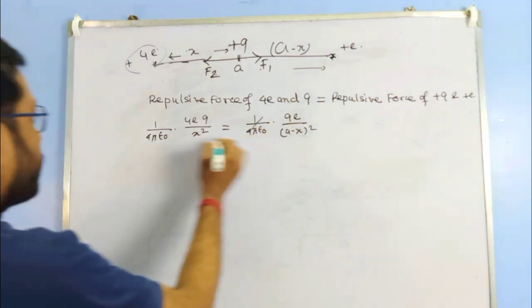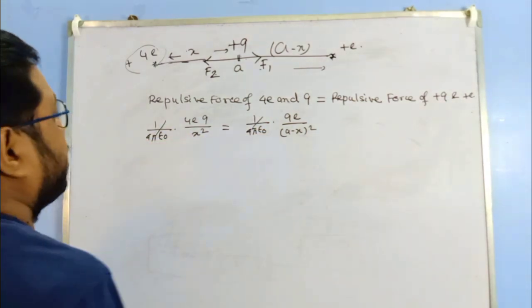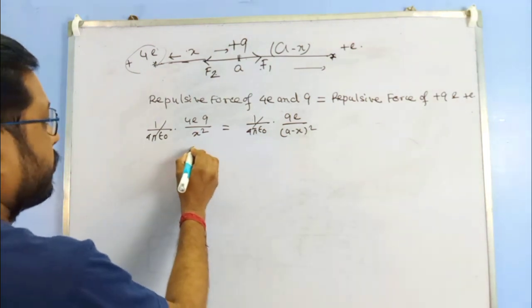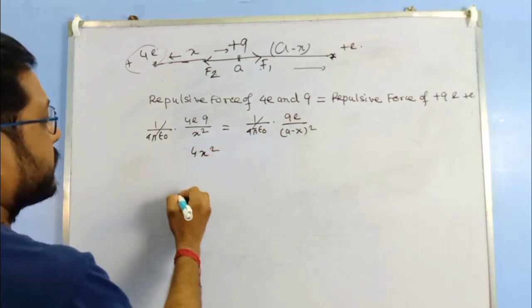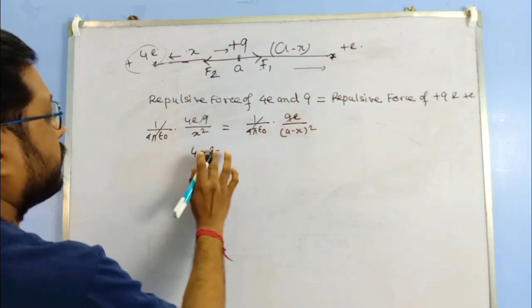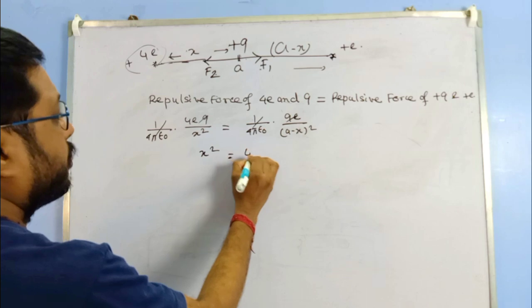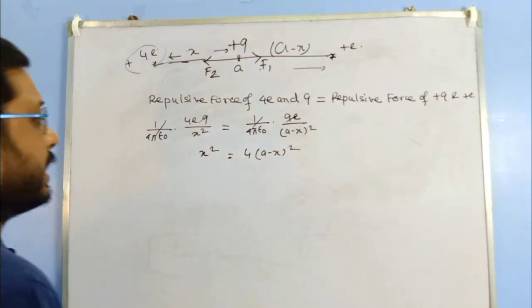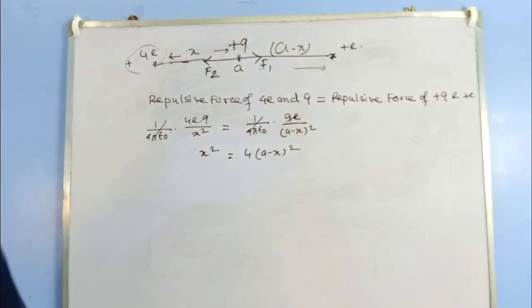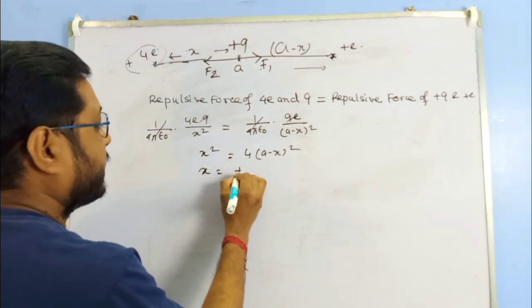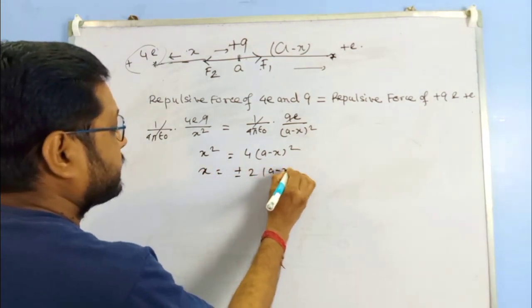Now 4 pi epsilon cancels, and eq is also cancelled. So we can get x square equal to 4 times (a minus x) square, or x equal to plus or minus 2(a minus x).